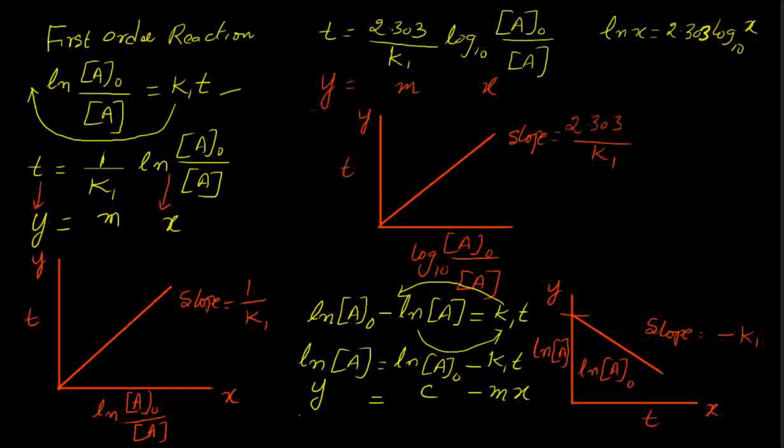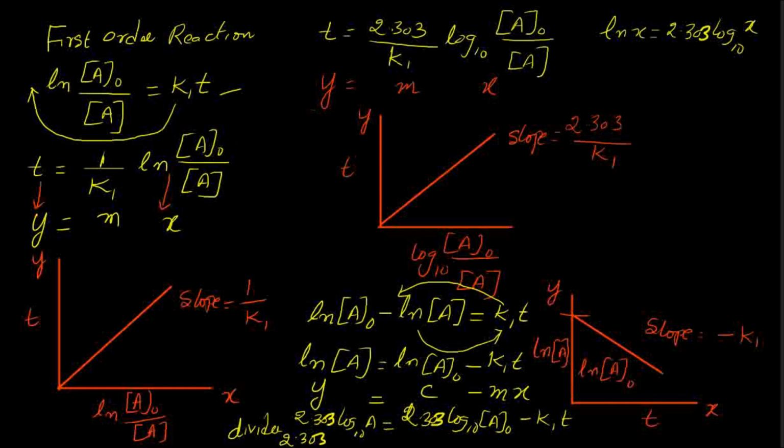So 2.303 log base 10 a equals 2.303 log base 10 a naught minus k1t. So we divide this equation by 2.303.